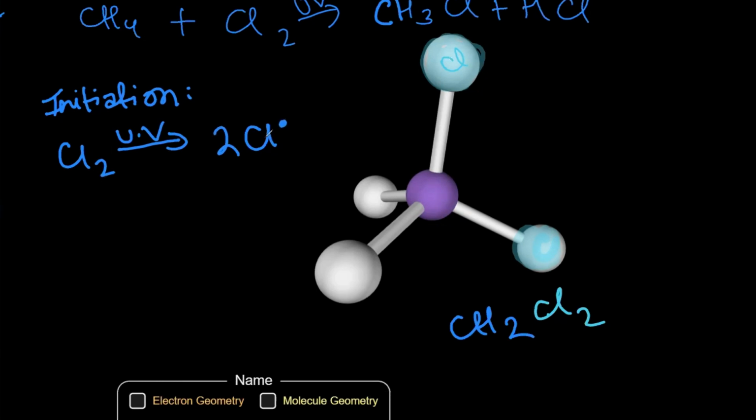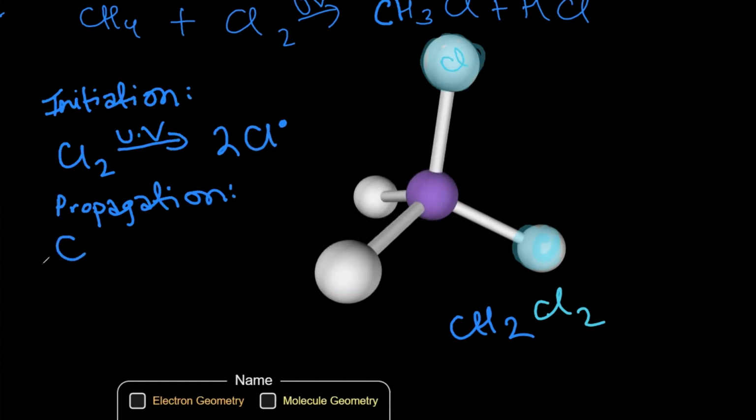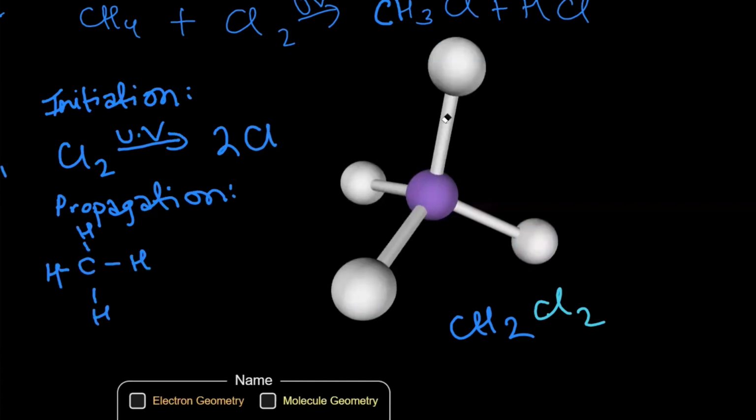And now this radical will react with the methane here. The next part is the propagation part. In propagation, we'll have this methane and we have this free radical of chlorine here. So the electron from the hydrogen and the electron from the chlorine, this is how a bond forms, by sharing of 2 electrons.